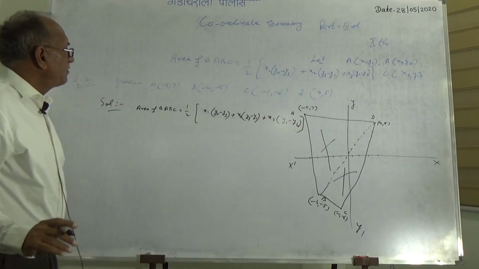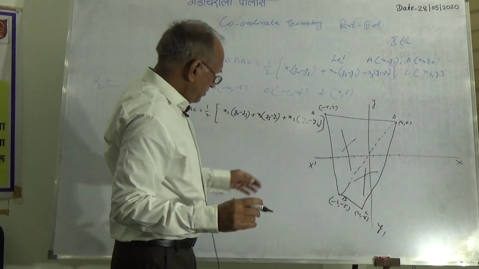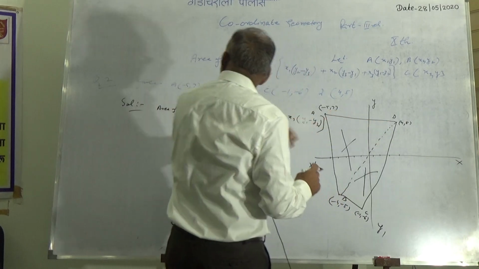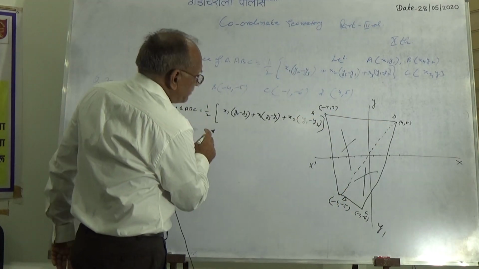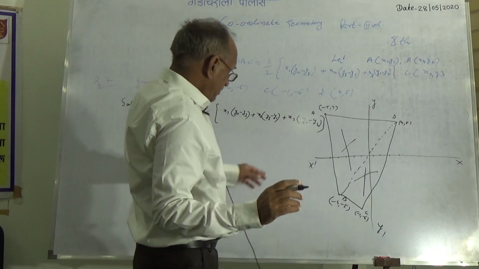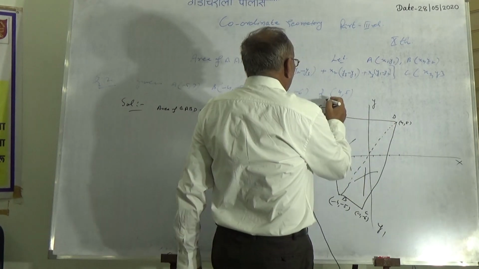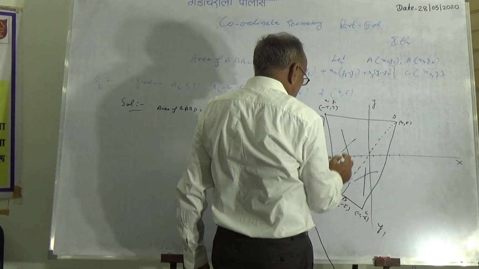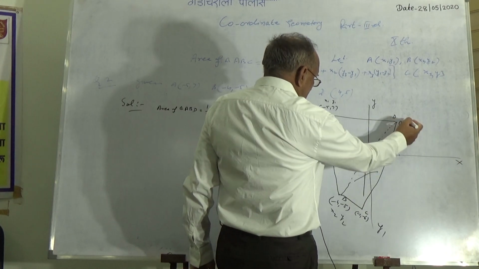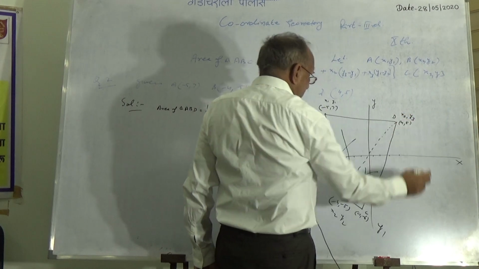This is the formula. We know A, B and D, triangle A, B and D, not C. This is A, this is B and this is D. This is x1, this is y1, this is x2, this is y2, this is x3 and this is y3.